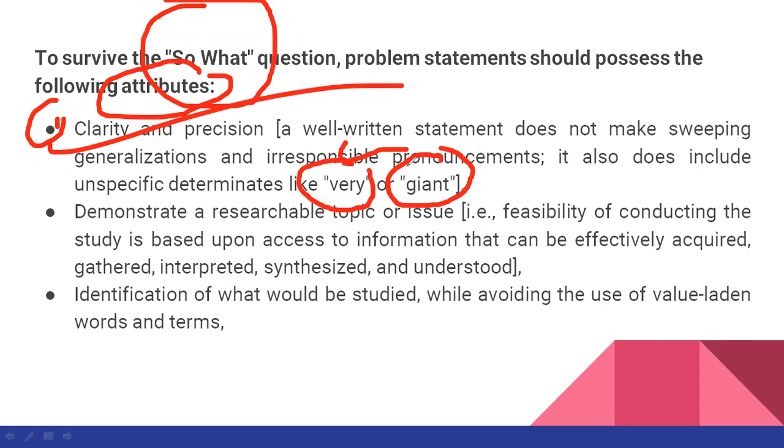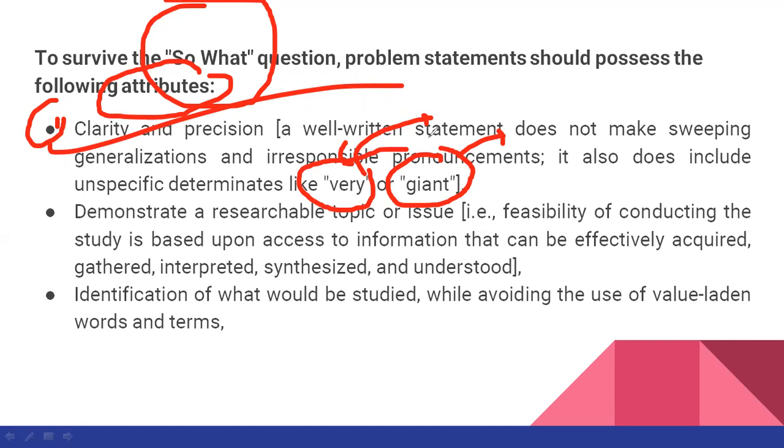Now, a small question to you. After this lecture, you will go through it. You don't need to answer me. You just try to analyze whether in the research problem statement of your PhD work, these two words, "very" and "giant", need to be included or not.